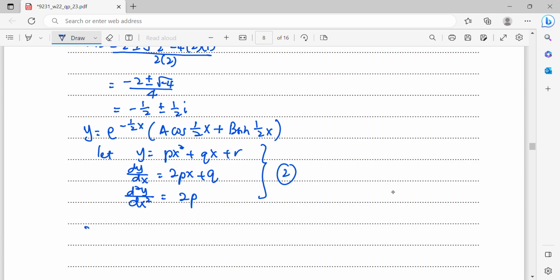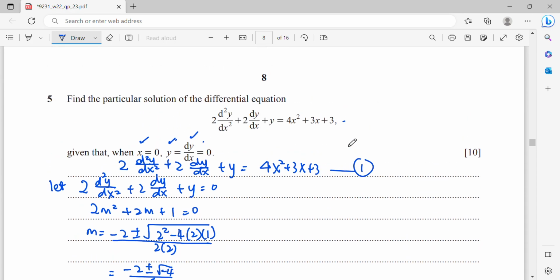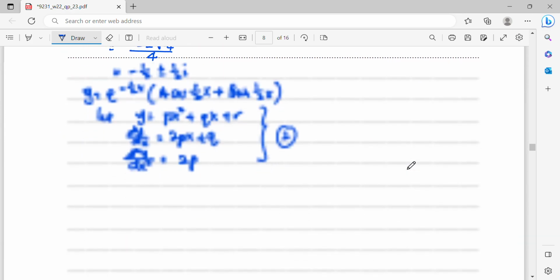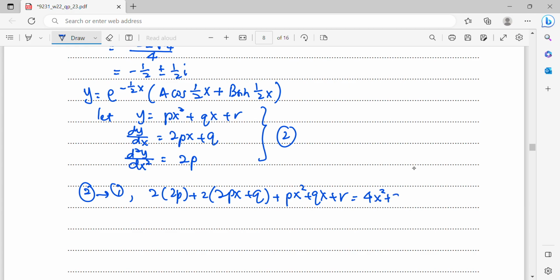I will get 2 bracket 2p plus 2 bracket 2px plus q, because that's my dy over dx, then plus px squared plus qx plus r, that equals 4x squared plus 3x plus 3. Then you can do the expansion: 4p plus 4px plus 2q plus px squared plus qx plus r equals 4x squared plus 3x plus 3.